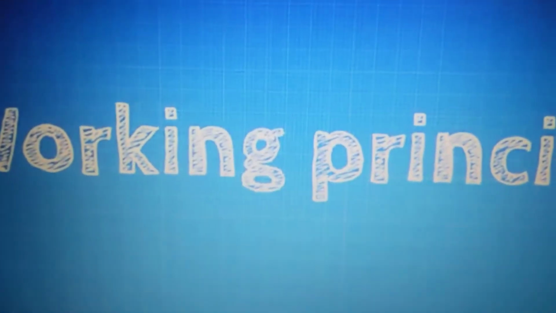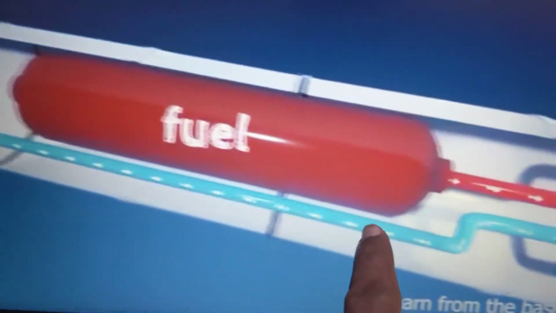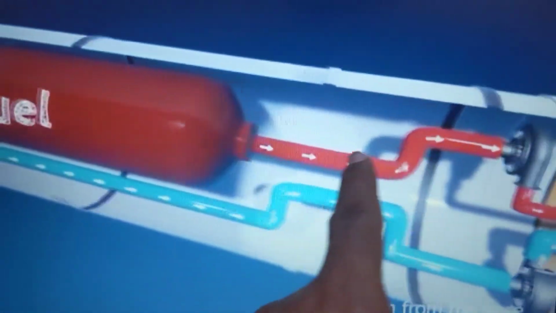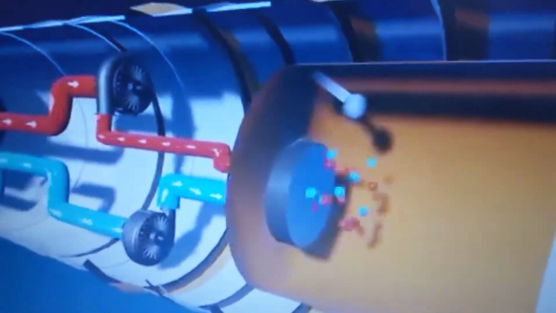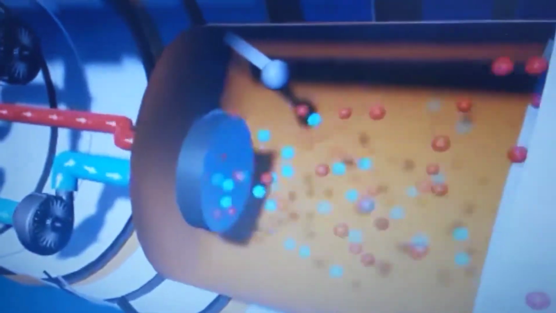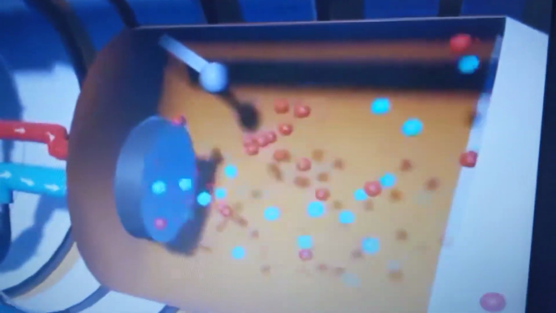Now how does it work, what is the working principle? Let's see how it functions. You see here the oxidizer is injected from here and the fuel is coming here. They are combined inside to function, and produce the power for the ejection of the rocket.